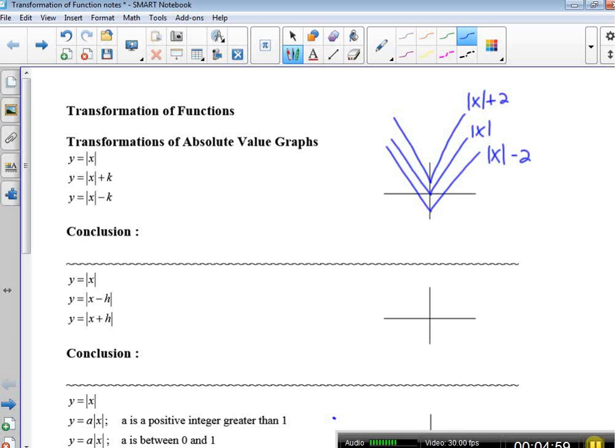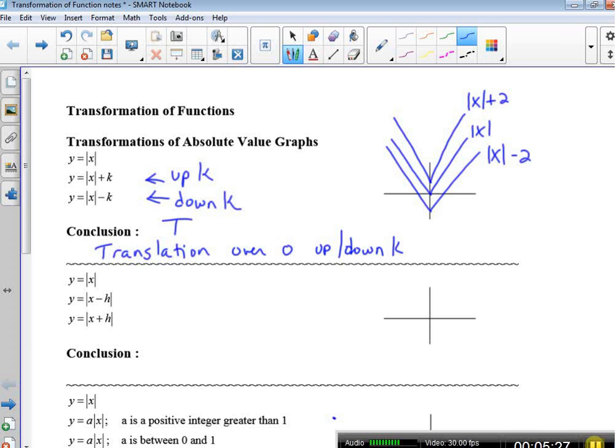So we should say that this one goes up k and this one went down k, the amount, exactly as we thought it would. That is a translation slide of over 0, up or down k. You can write that as capital T subscript 0 comma k. That's your conclusion.